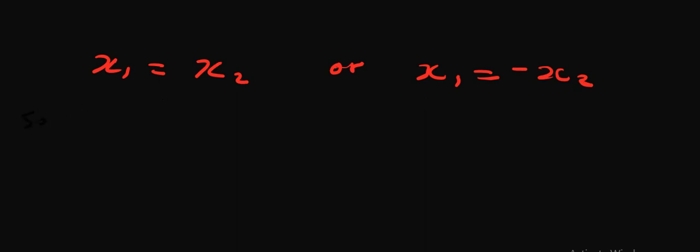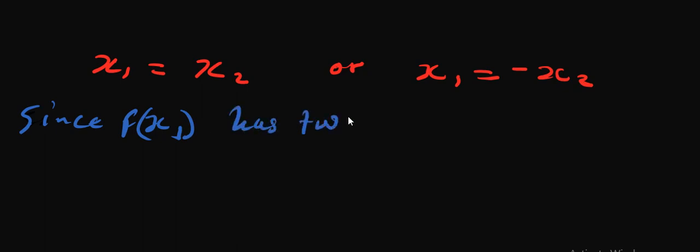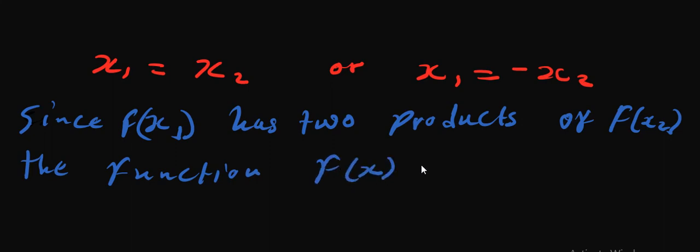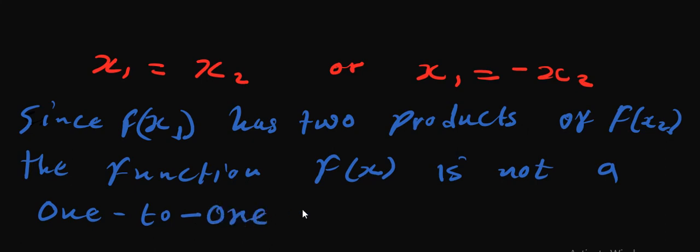So we're going to say since x1, or f of x1, has two products of f of x2, the function f of x is not a one-to-one function.